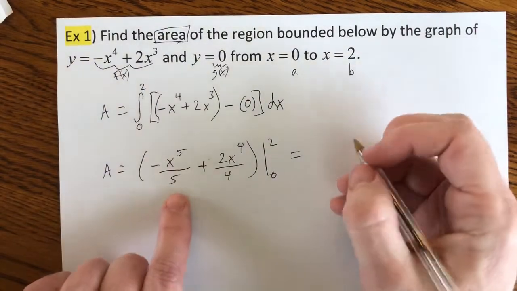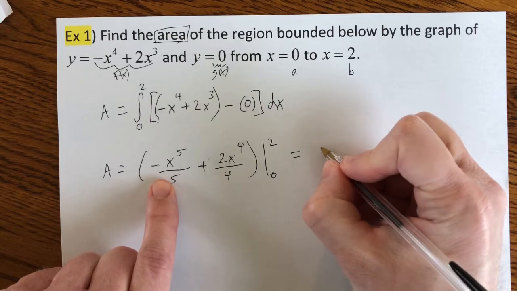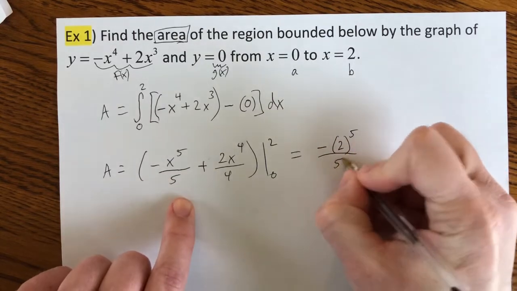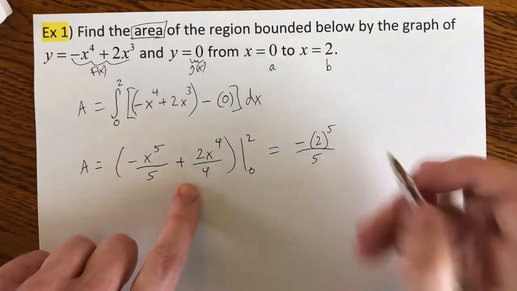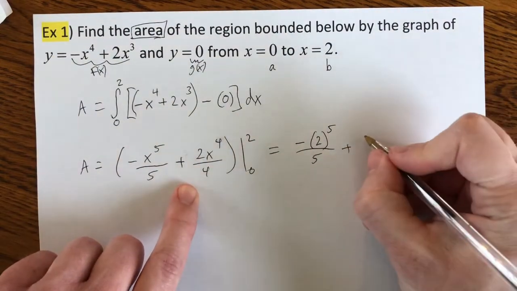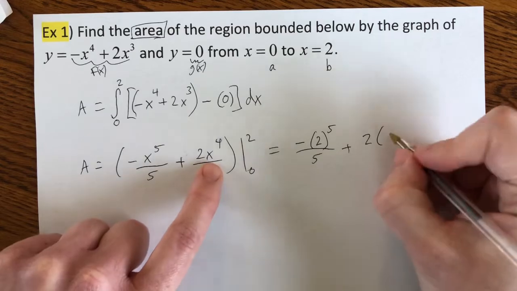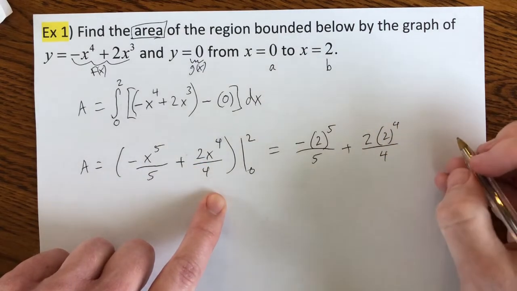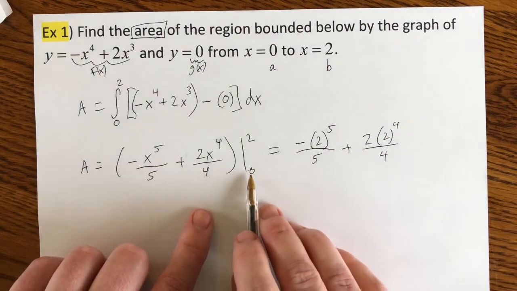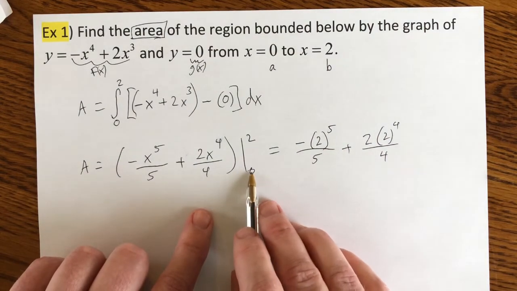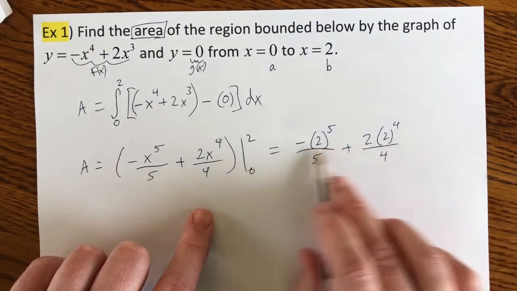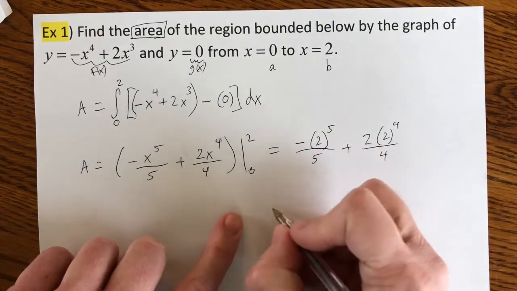So that would give us what? Well, let's see. Negative 2 to the 5th over 5 plus 2 times 2 to the 4th over 4. And because our lower limit is 0, we don't have to worry about subtracting anything off because what we subtract off will be 0. So whatever this is equal to, that's going to be our answer.